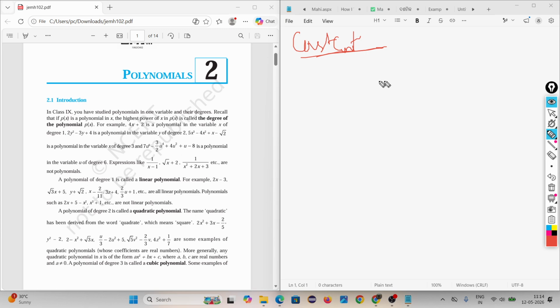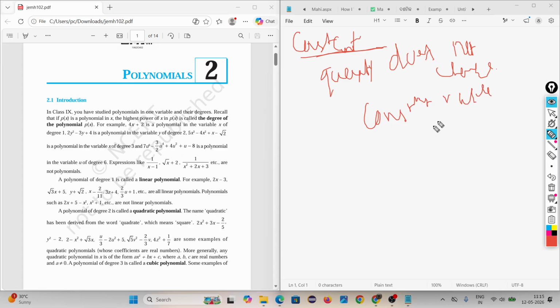Then constant. Constant means opposite to the variable. The quantity does not change; the value does not change. It is a constant value. Suppose, tell me what is the value of 2? If I am telling 2 students, the number of students is 2, the value is fixed.